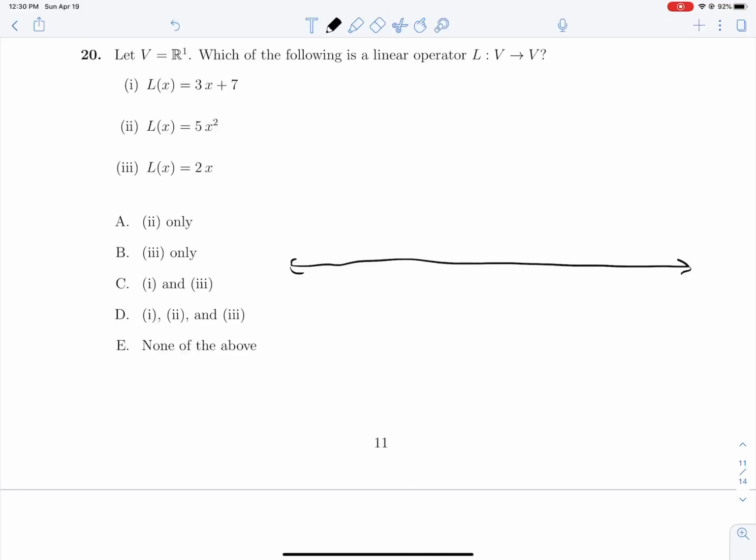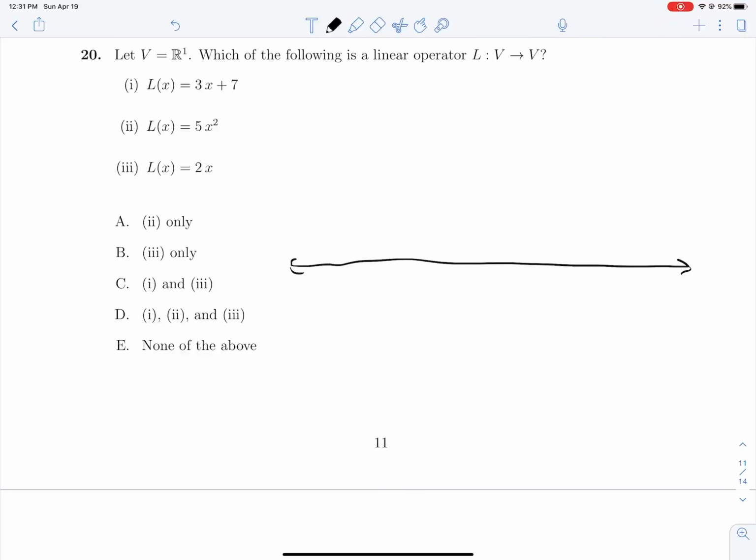The properties of linear transformations that are really useful to know for this kind of problem is that linear transformations or operators always map the origin to the origin, and they always keep grid lines evenly spaced and parallel. Parallel doesn't really matter since we're only dealing in one dimension here, but we can use these two rules to figure these out really quickly.